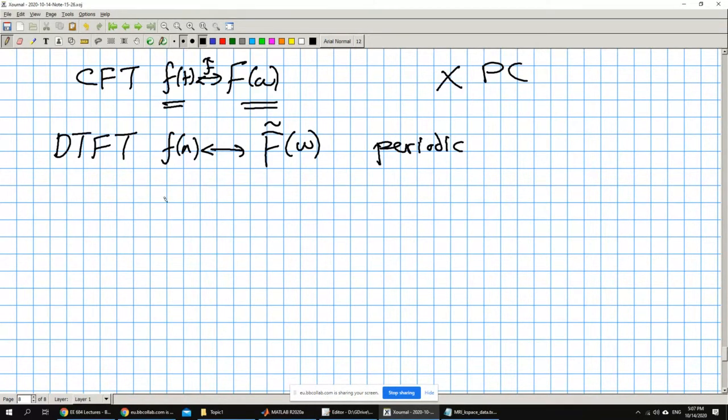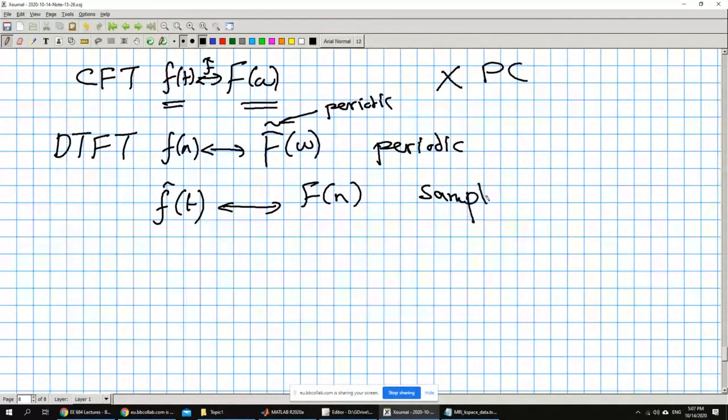If you basically do the opposite, if you have a signal here that has this hat, it means periodic. Then if you have something that is periodic in the time domain, it will come out on the other side as sampled. This is one of the properties of the Fourier transformation.